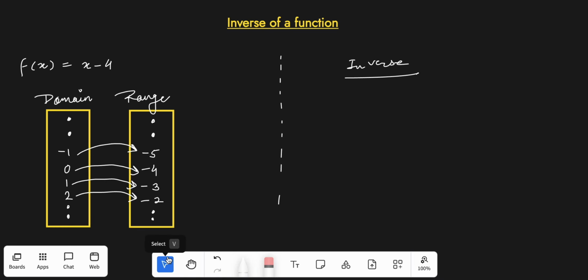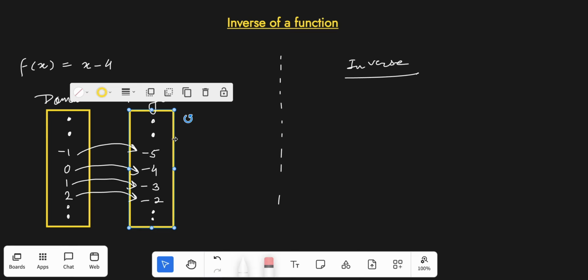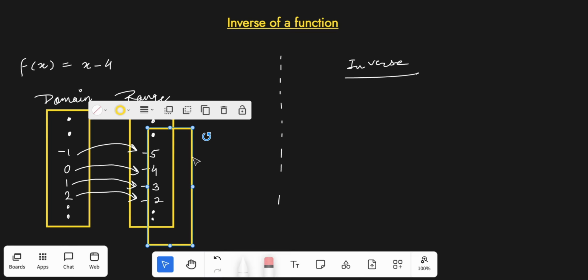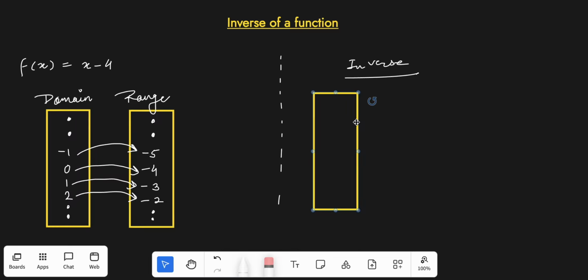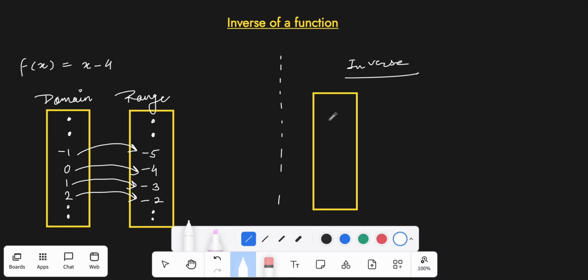So let me just copy this and paste it over there. So we know that the range of our original function is now going to be the domain.